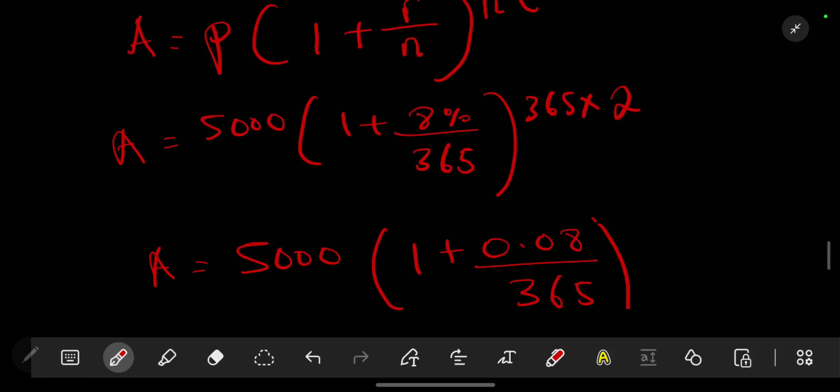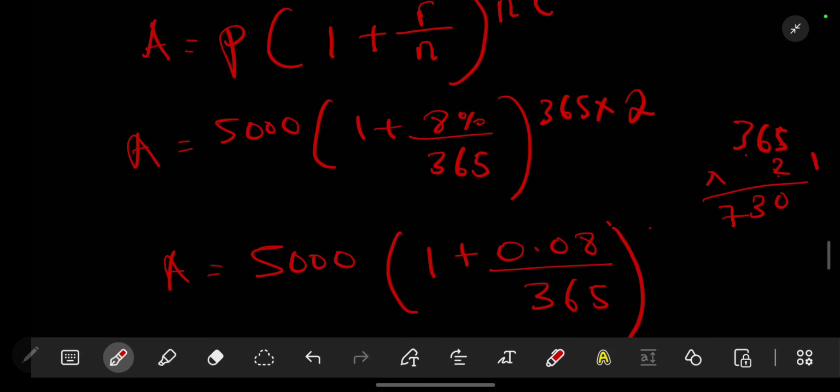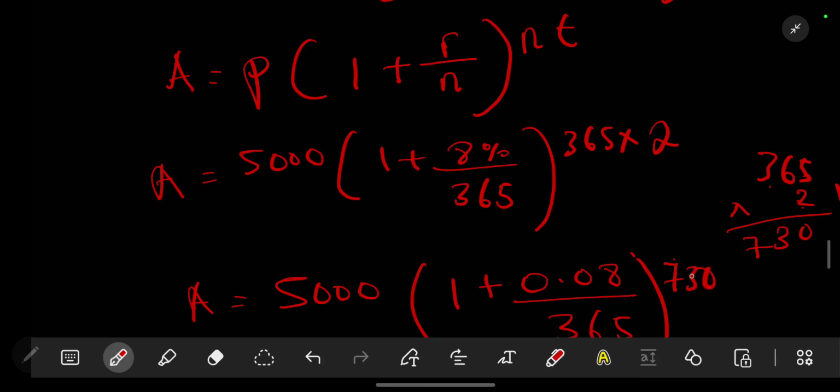Then to the power of 365 times 2, which is 730. If you multiply 365 times 2, you get 730.